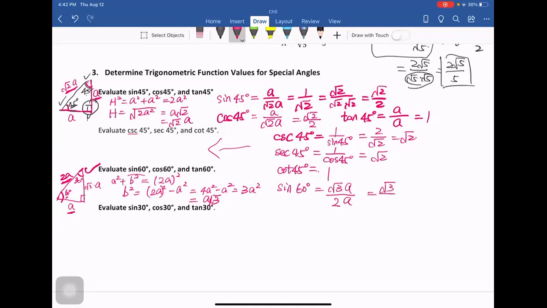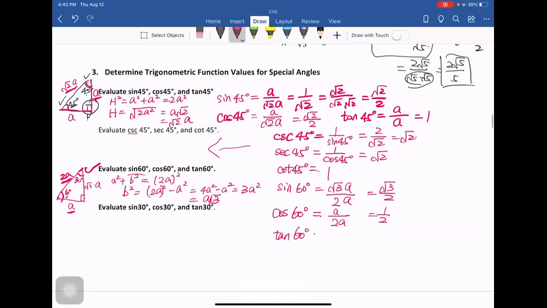That's root 3 over 2. Cosine 60 degrees equals adjacent, that's A, over the hypotenuse 2A, that's 1/2. And tangent 60 degrees, that's opposite, square root of 3A, over A, that's the square root of 3.